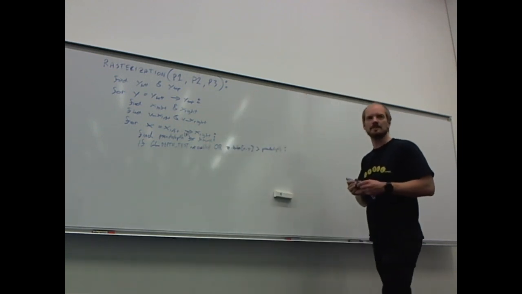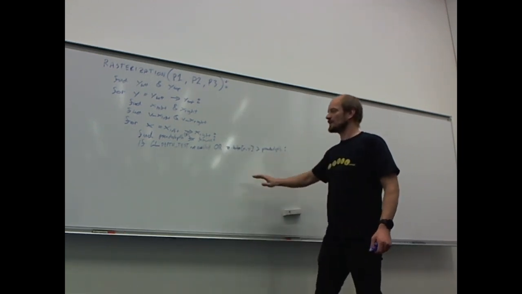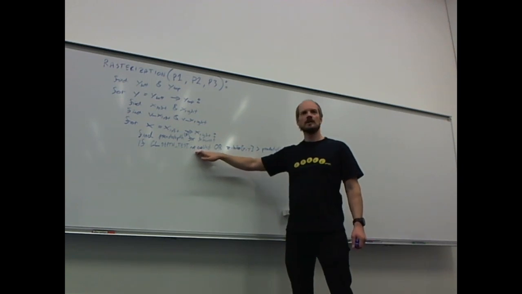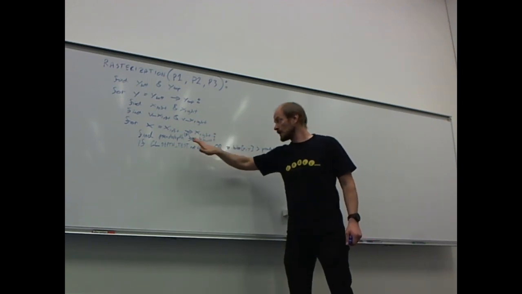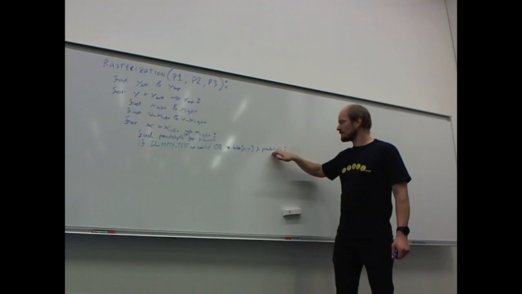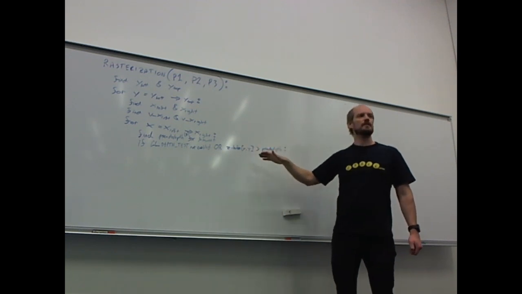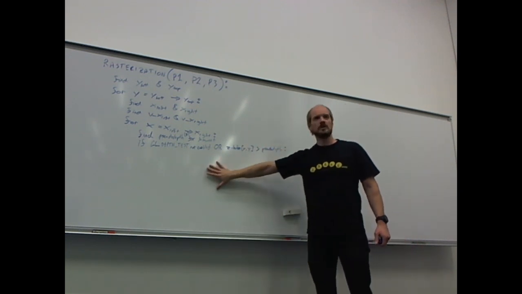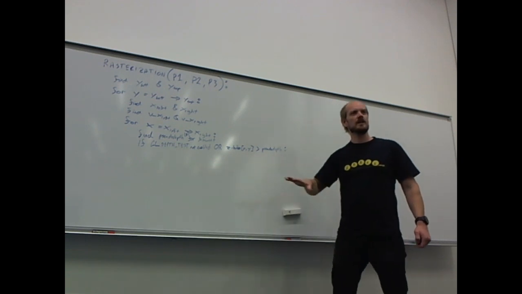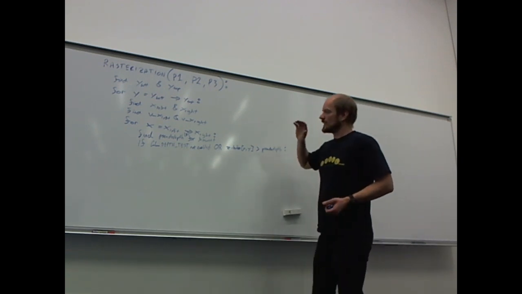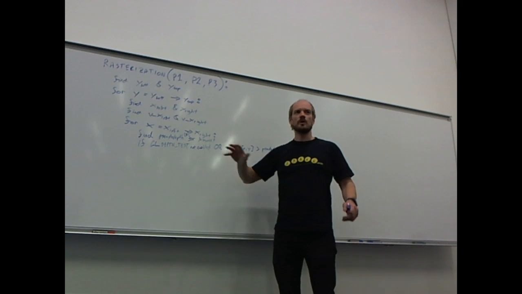Does this make sense? So if GL depth test is not enabled, or pseudo depth is actually less than what's already in the z buffer, then we do what's in here. Does that make sense? So if GL depth test is not enabled, that means we're not depth testing.